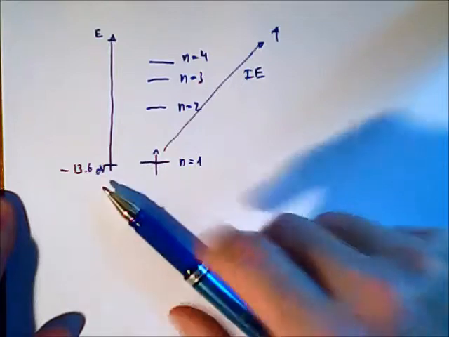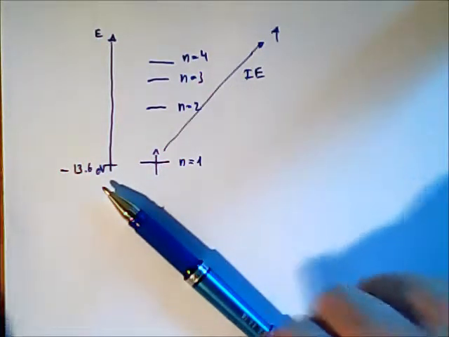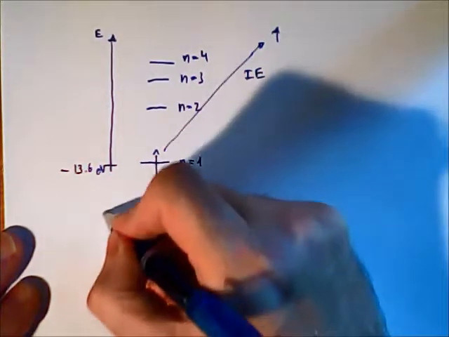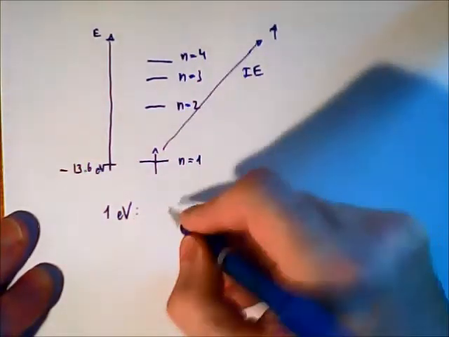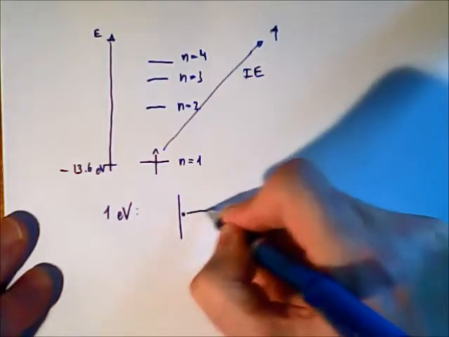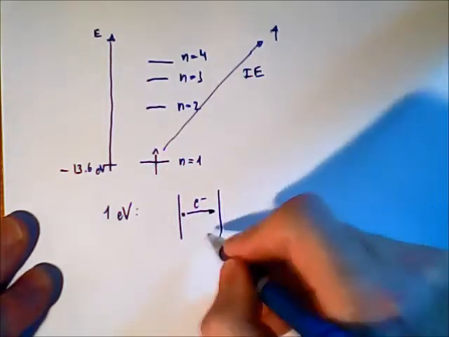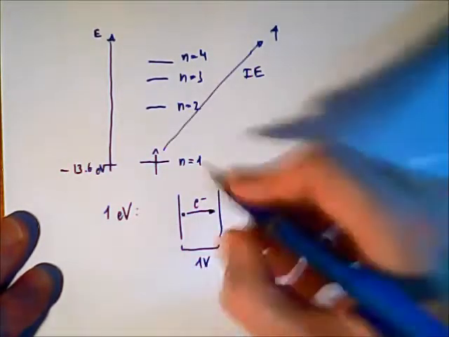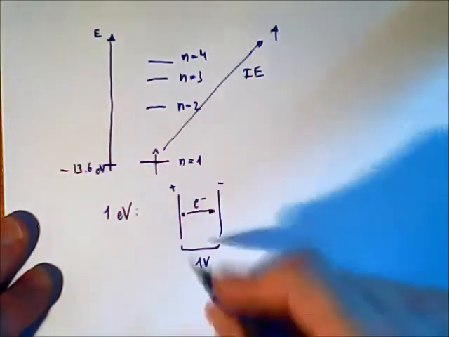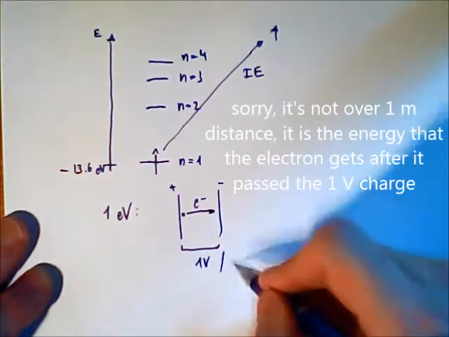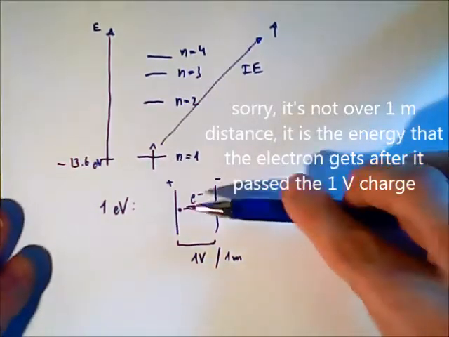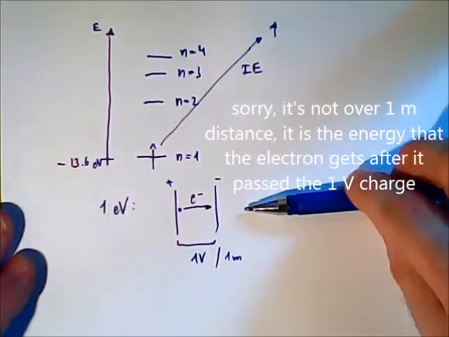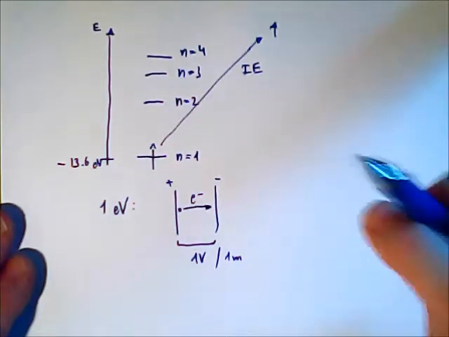Electron volt is a funny energy unit that we use mostly in spectroscopy or when we look at single atoms. 1 electron volt is the energy that 1 electron gets if we accelerate it from plus to minus in a charge of 1 volt over 1 meter.